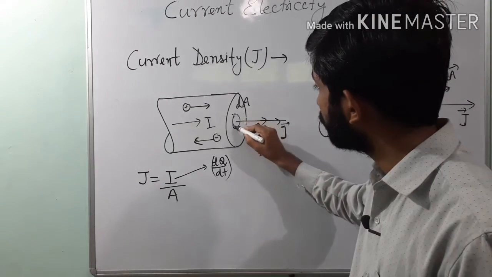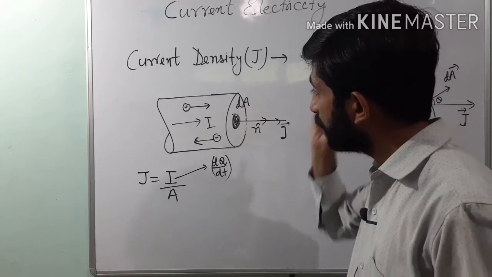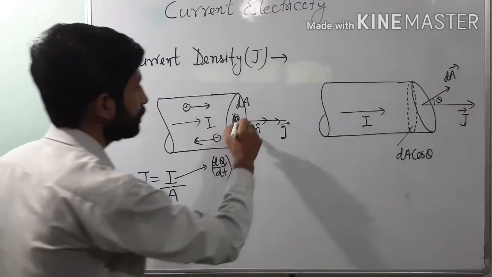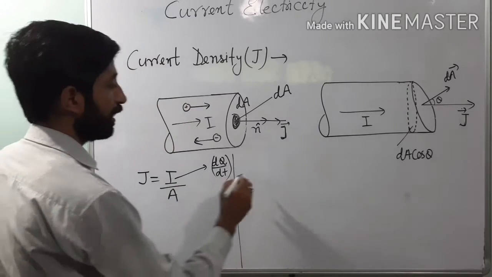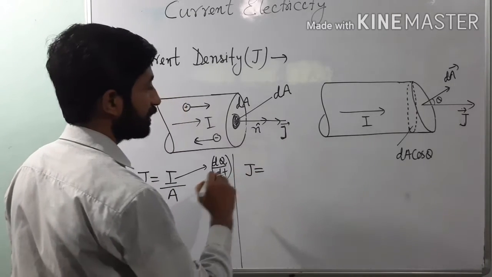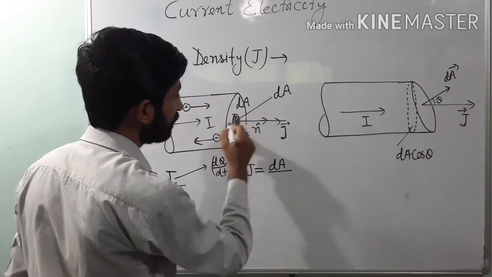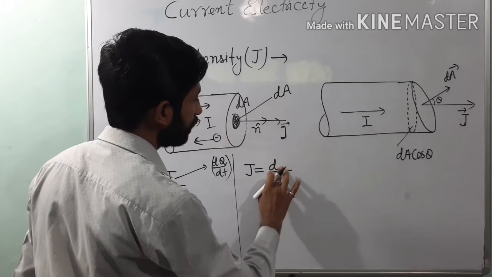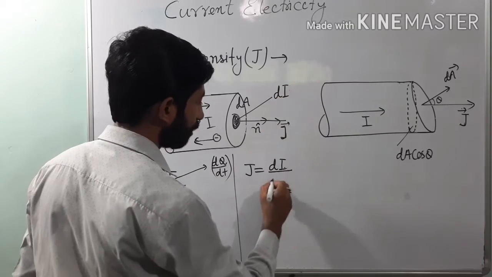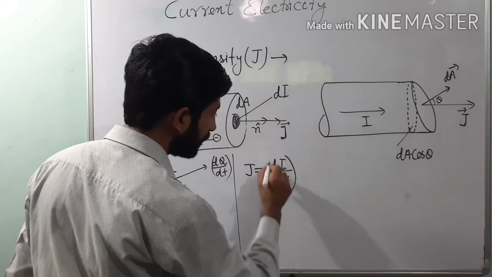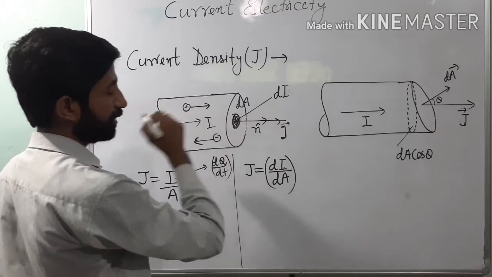For example, this is a very small area of the cross section, and suppose through this area the current is very small, then current density J is equal to the current passing normally to this surface, this is dI, but per unit area around a particular point through this small region.